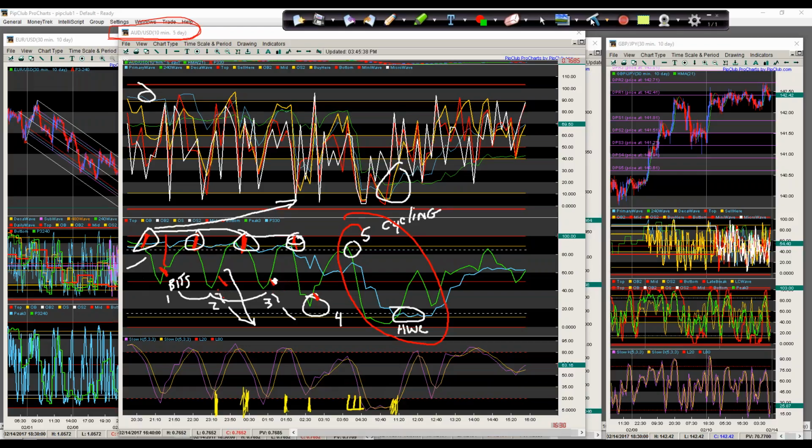So it's designed to be an all-in-one indicator. And the 4 indicators that are inside it represent, you know, a team.